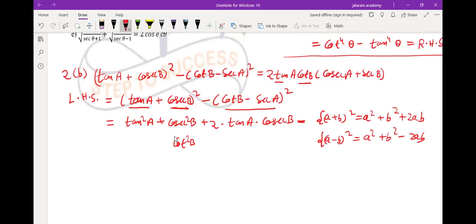So they write this minus at the end of the line and then write a square plus b square minus 2 cot B sec A, and they do not even use the bracket. We have to use the bracket. Even after using the bracket, put this minus sign in front of this bracket only, as this is the sign of this whole bracket, not the sign of the previous line. So it will be wrong if you apply the minus sign at the end of the line at this place. So we will not use the minus sign at this place.